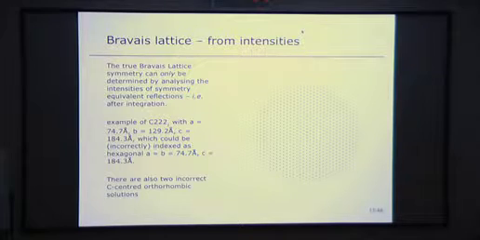Okay, now the Bravais lattice from intensities. By analysing the distribution of spots on your image, you can't actually work out the Bravais lattice symmetry. For example, I've got a representation of a reciprocal lattice in the precession geometry that's been produced down a particular axis from a data set that Phil and I were sent some years ago, and the user was having a lot of trouble with it.